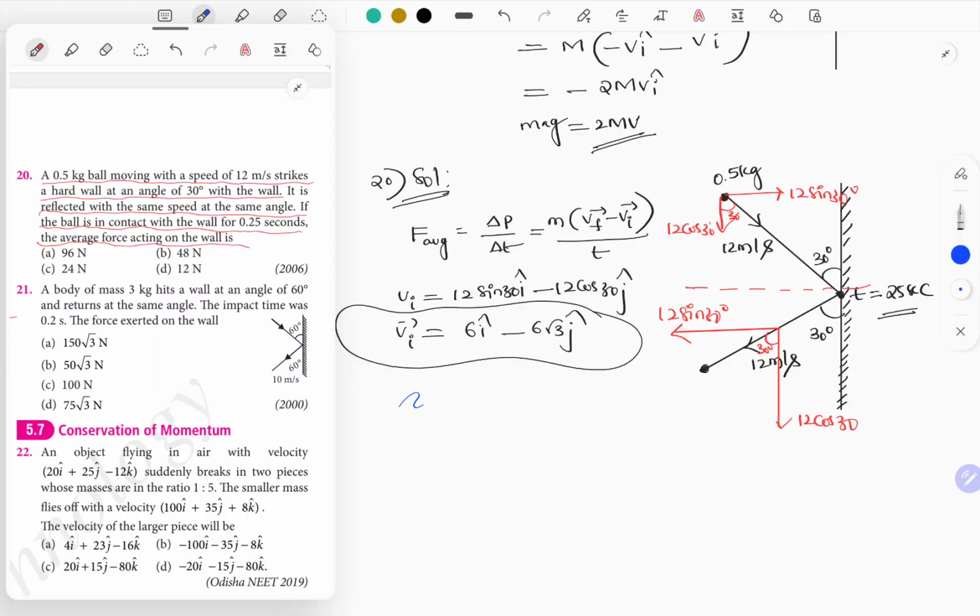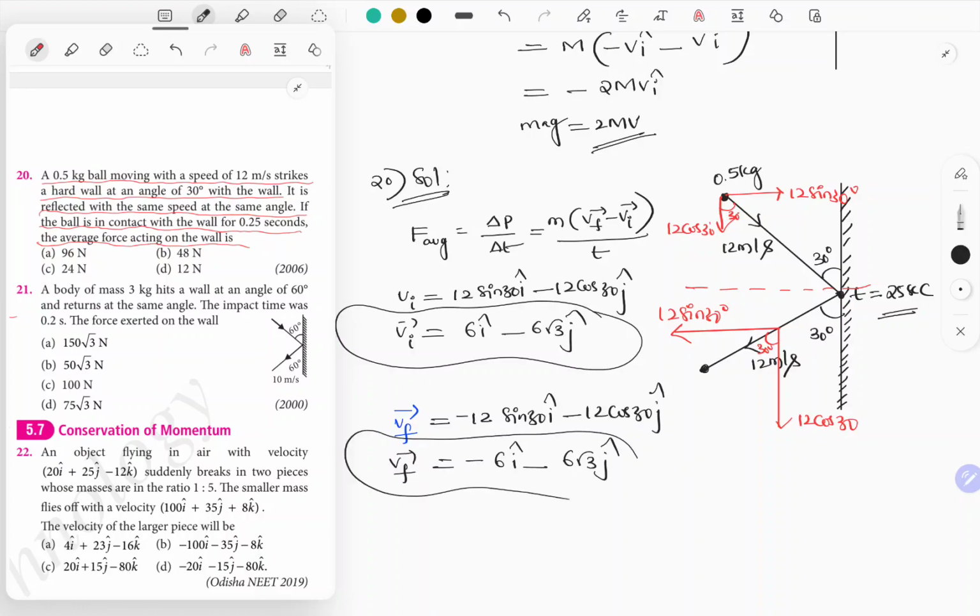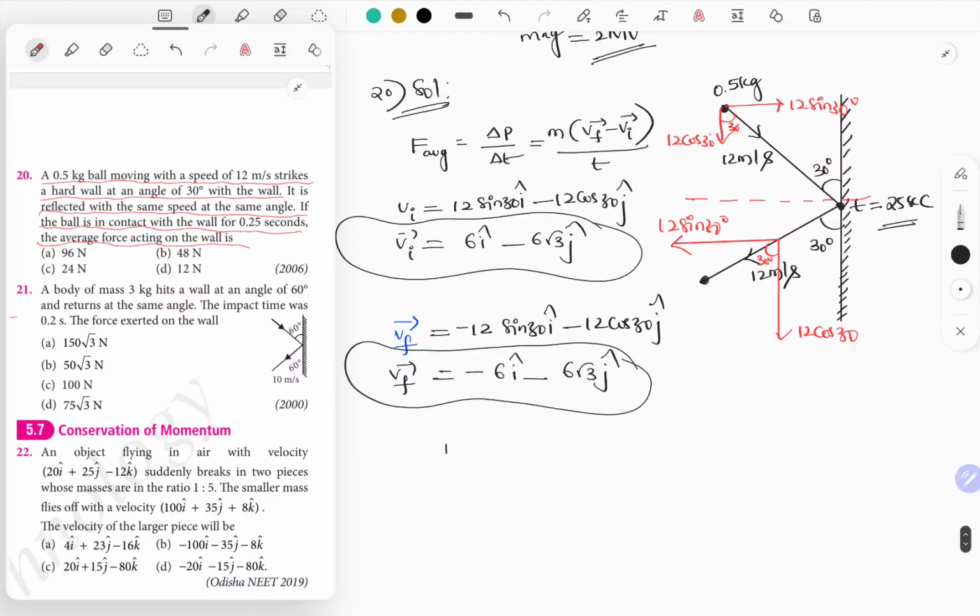Final velocity is equal to 12 sin 30 i cap minus 12 cos 30 j cap, which is minus 6 i cap minus 6 root 3 j cap. This is the final velocity.